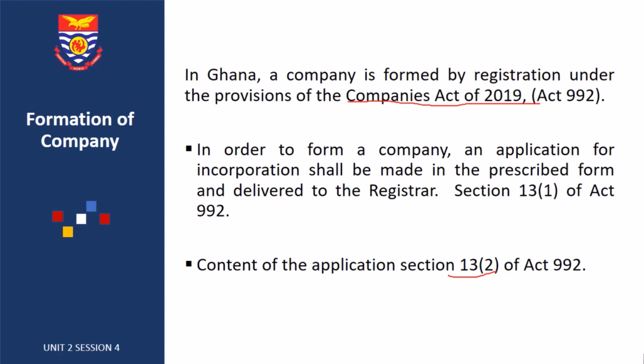Now, if you look at Section 13.2(h), it provides that a proposed director must make a statutory declaration that within the preceding 5 years, the proposed director has not been convicted or charged with any criminal offense involving fraud or dishonesty.